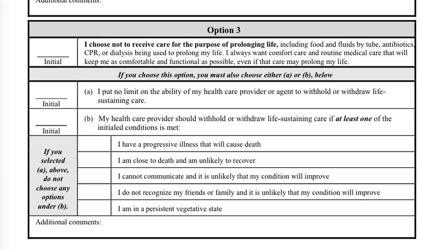Option 3A defers the decision to quote-unquote pull the plug to your agent, while option 3B allows you to define the circumstances under which you would want to be removed from life support, including progressive terminal illnesses, unlikely recovery from near-death conditions, inability to communicate, and persistent vegetative states. Once again, a hospital will not likely pull the plug without consulting with a designated or court-appointed agent or family member, so you may be best served by leaving everything up to your agent anyway.